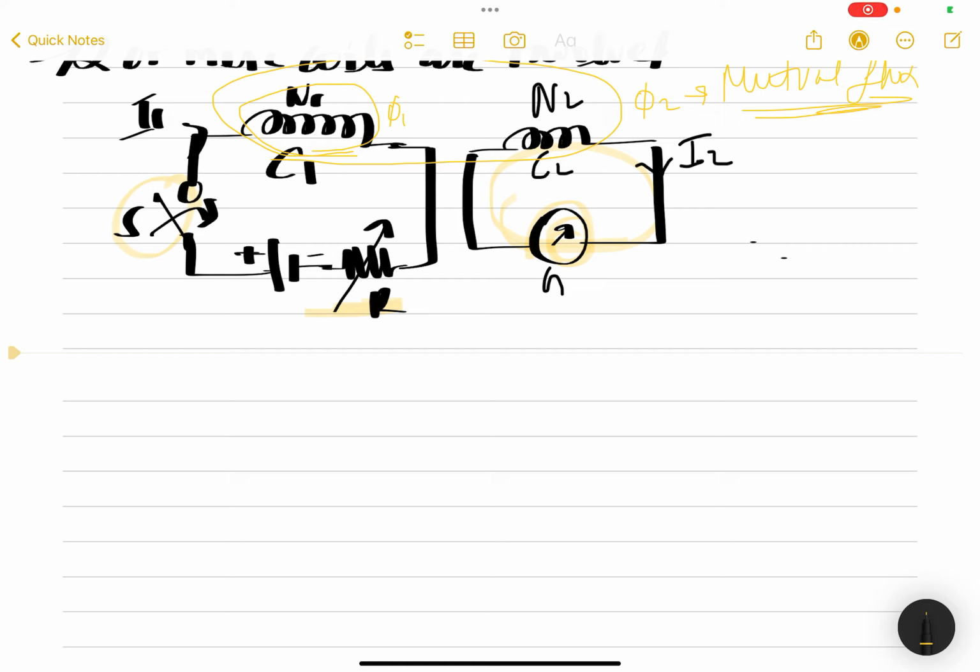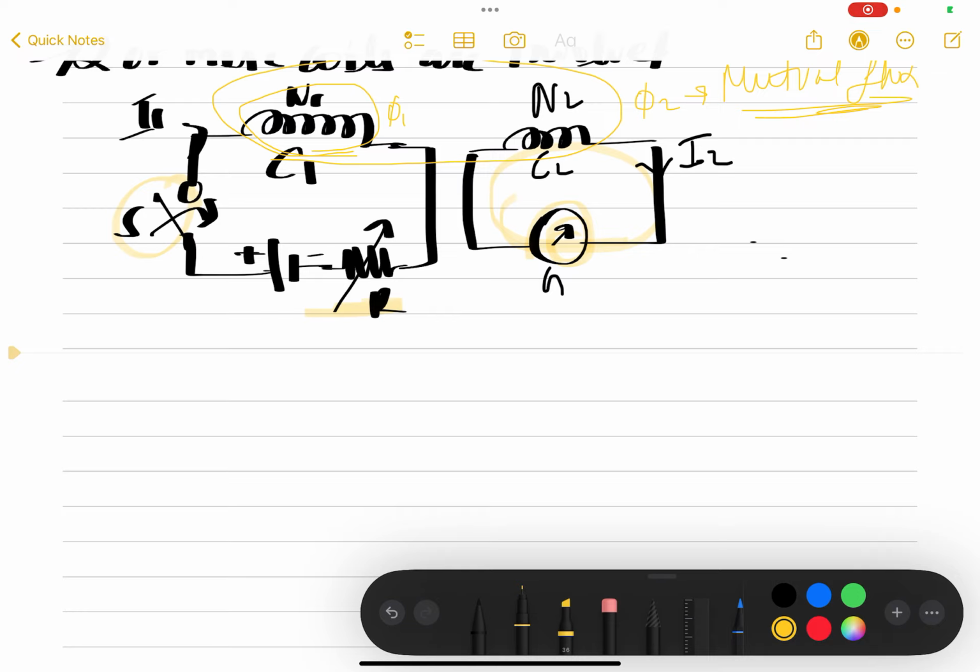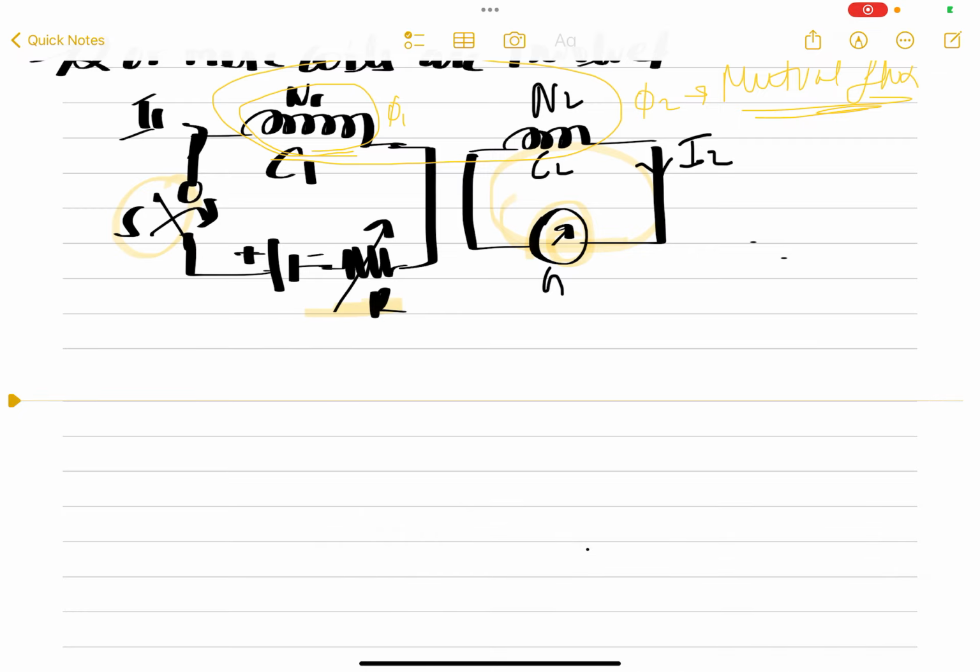Due to this EMF, I2 will start flowing through coil C2, which is indicated by the galvanometer G. Thus, if the flux produced by one coil gets linked with another coil due to a change in the flux produced by coil C1, and there is an induced EMF in the second coil, then such an EMF is also called mutually induced EMF, right? So let us derive what is mutual inductance.